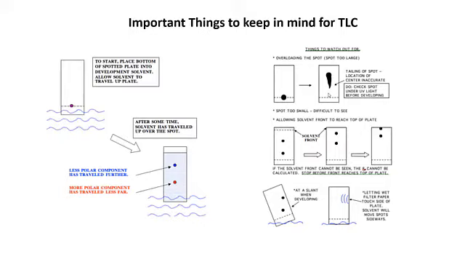Then comes the solvent front. You should not allow the solvent front to reach the top of the plate, as you can see here. If the solvent front reaches the top of the plate, you won't be able to calculate the RF, as you can see right there.